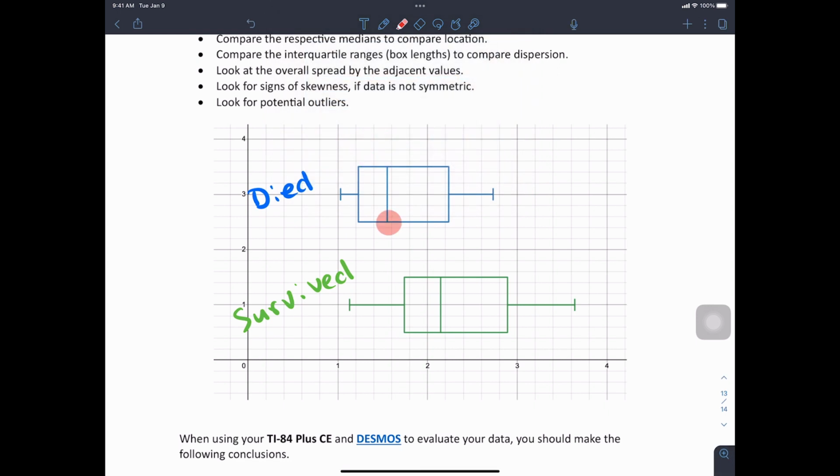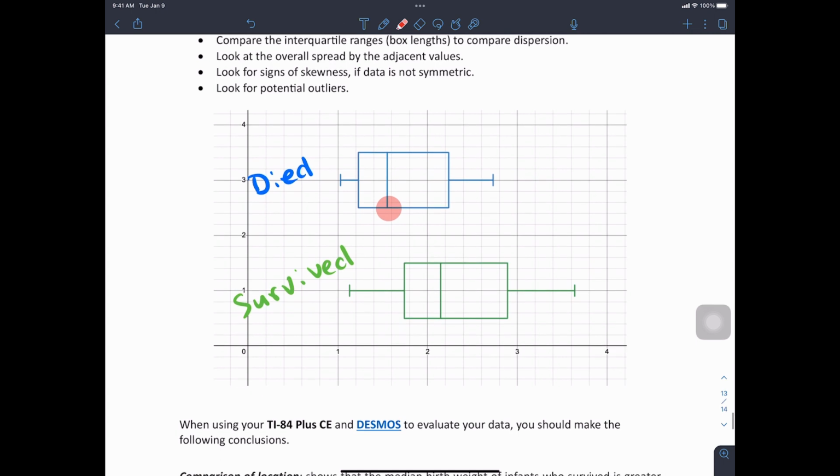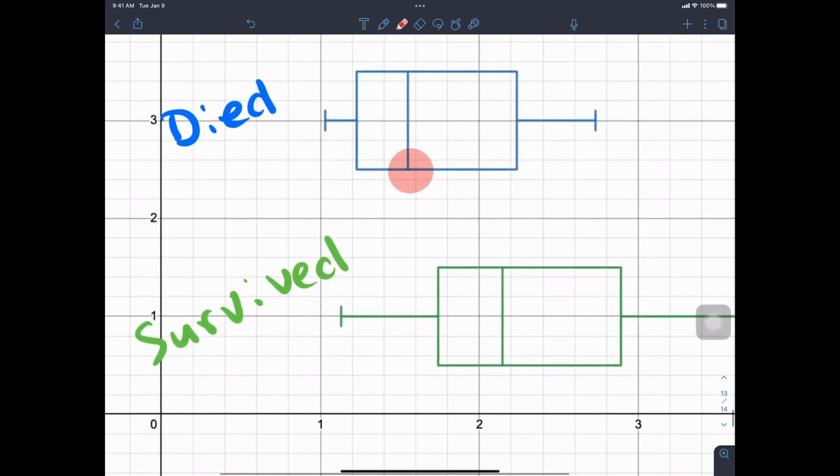This point down over there versus this point over here. You guys see what I'm saying? So you can start to compare the median values. The birth weight of those who died is less than the birth weight of those who what? Survived. You guys see that there? You guys see my point?